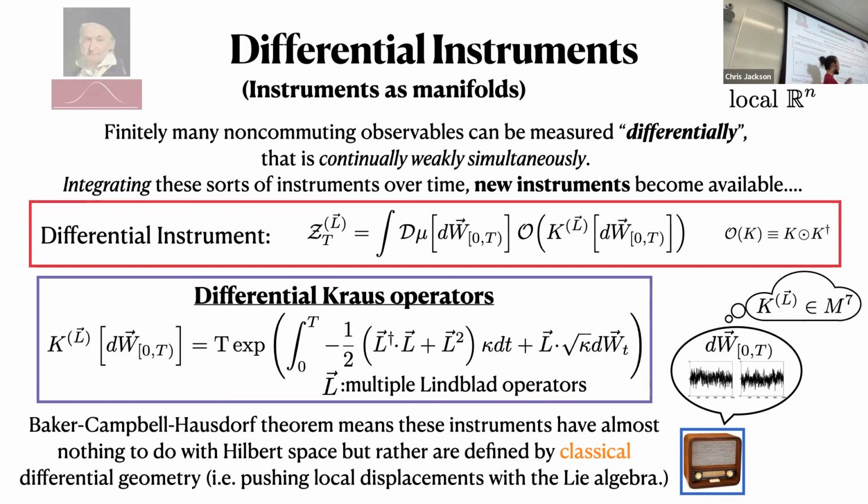Because they are weak at order dt, you can simultaneously measure all kinds of stuff, even if the observables don't commute.